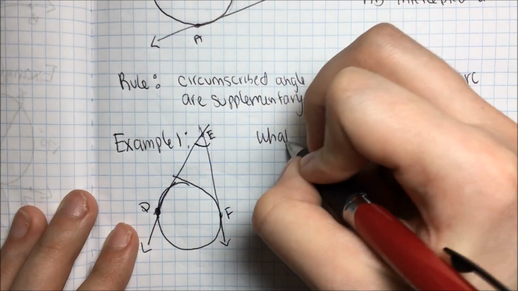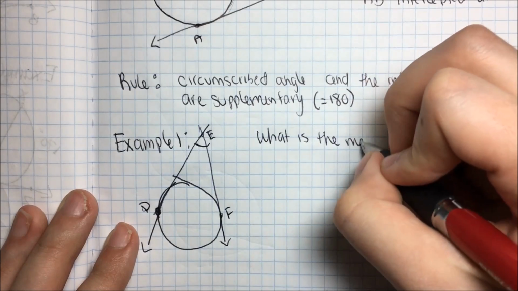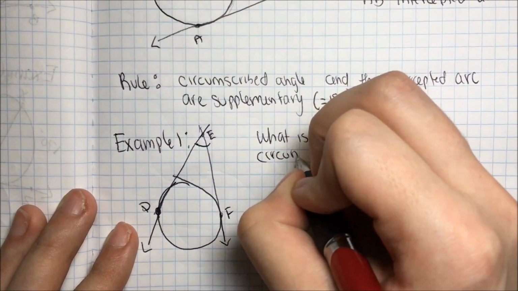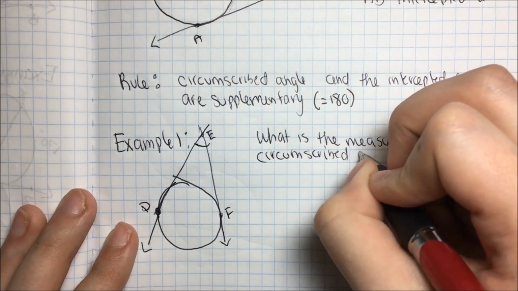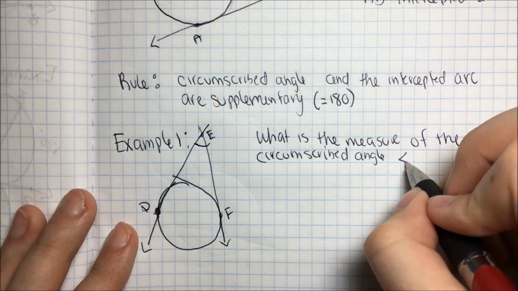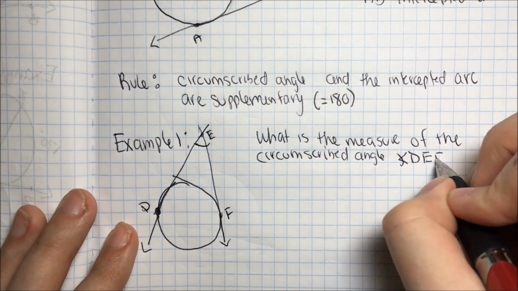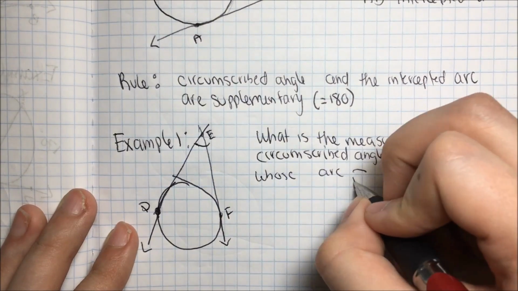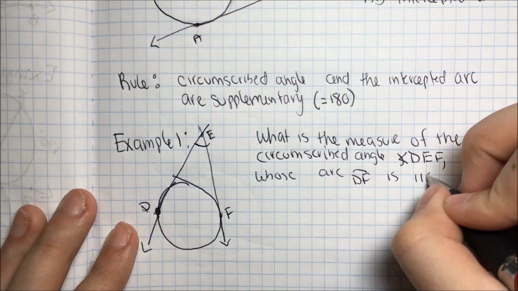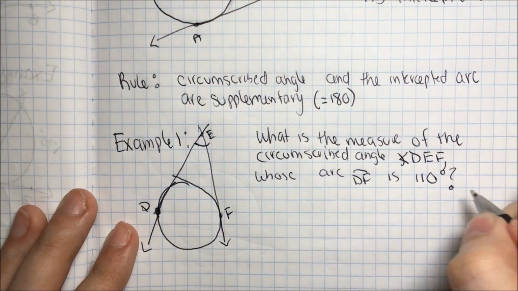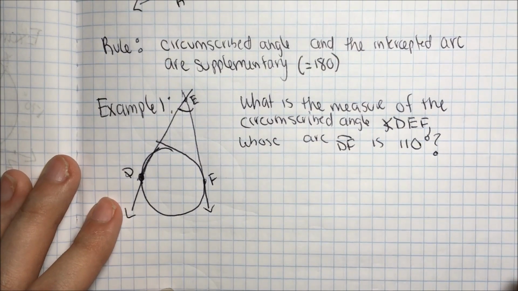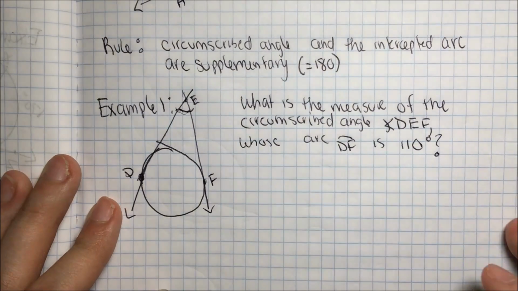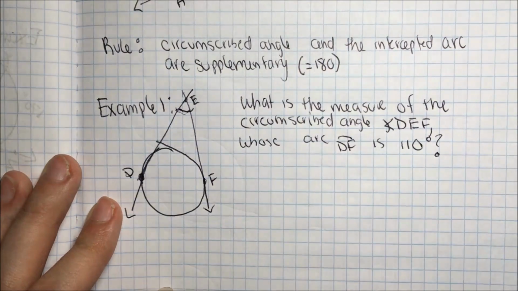We want to know what is the measure of the circumscribed angle, which is DEF, whose arc DF is 110 degrees. So you want to know what this angle is equal to when our arc DF is 110 degrees.